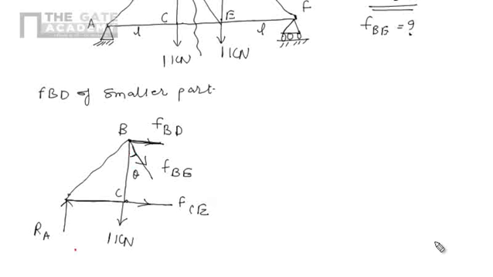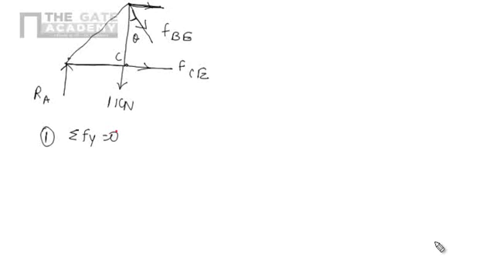Now we have to apply conditions of equilibrium here. Suppose I am applying the condition based on vertical forces, that is, the algebraic summation of all vertical forces should be 0. In the vertical direction, along the y direction, positive y is positive, negative y is negative for us.